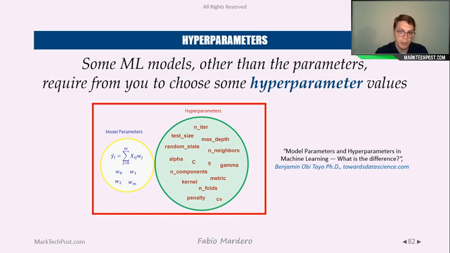These hyperparameters could relate to the way we train the machine learning model. For example, here you can see the learning rate is a hyperparameter, or could be some settings of the model inside it. For example, the penalty or other here.